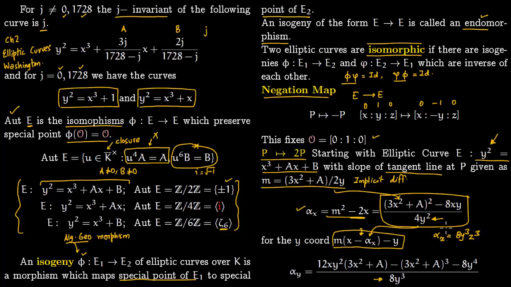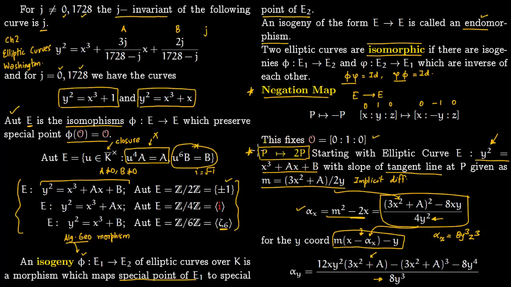Then we will have to normalize this 3x square plus a, so that we can show that this holds. It's a long and tedious calculation, but people before us have already done it, so we can take it on faith, or you can do it as an exercise, that this will also preserve point O. So there are two examples of endomorphisms which we have discussed.